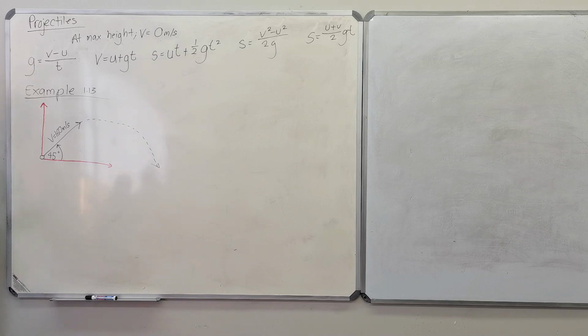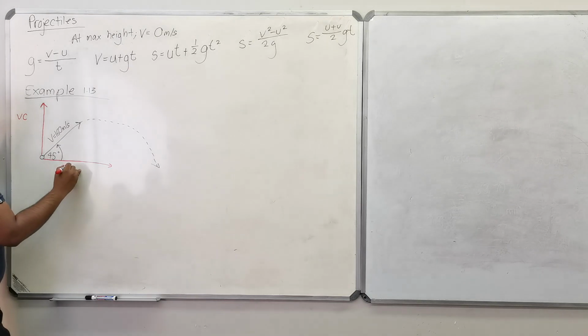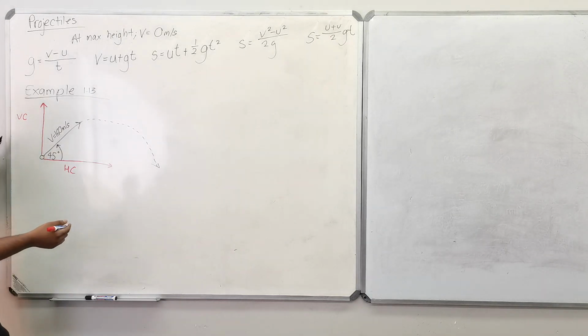So when we're doing maximum height, what component will we be using? The y-axis, right? Which is your vertical component. So this here is your vertical component. This here is your horizontal component.